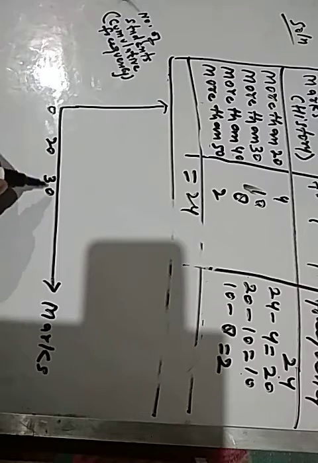And the value of marks, the variable, is more than 20, more than 30, more than 40, and last one is more than 50. And for the value of cumulative frequency, the lowest value here is 2 and the highest value is 24.